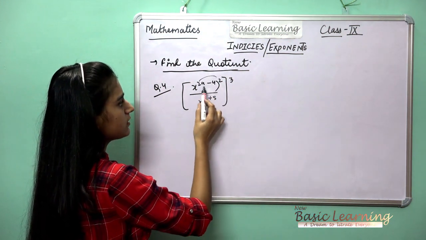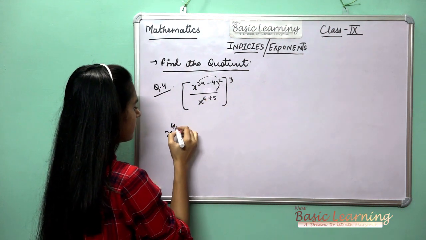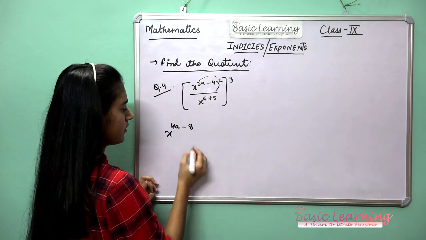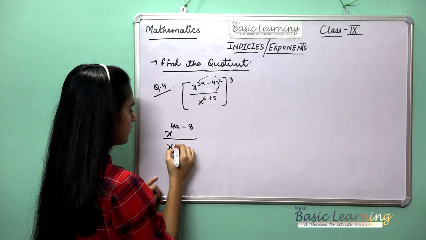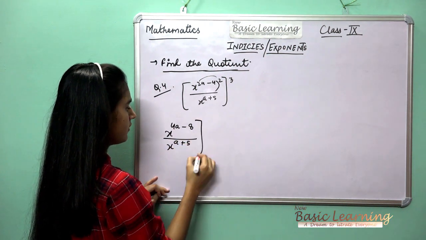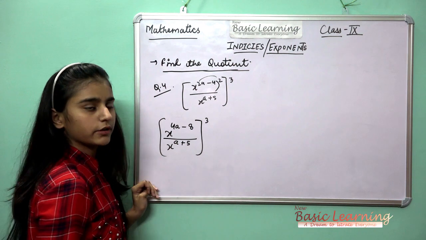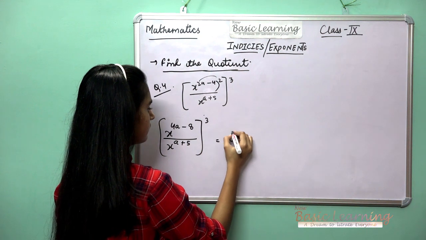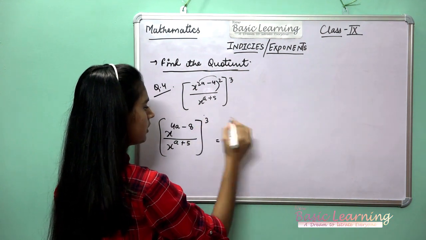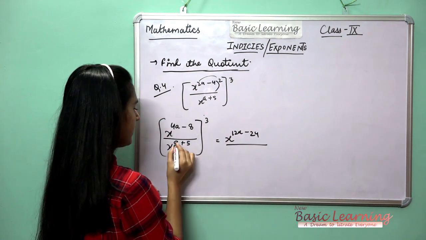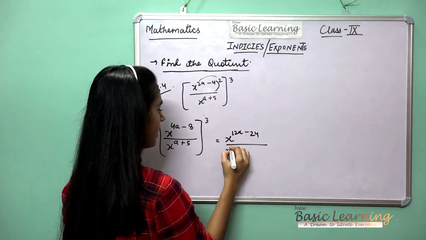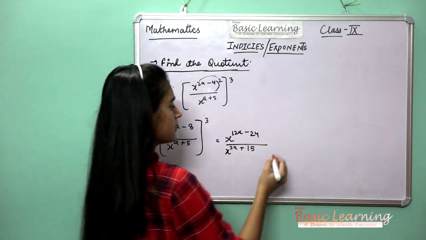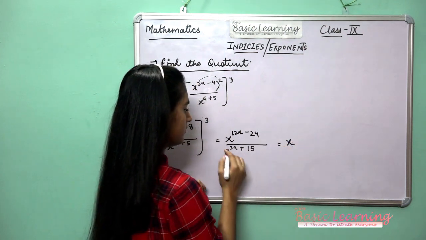First let's multiply this. 2 twos are 4, so 4a, and 4 twos are 8, upon x to the power a plus 5 whole cube. 4 threes are 12, 12a minus 8 threes are 24, upon a into 3, it will give x to the power 3a plus 5 threes are 15.